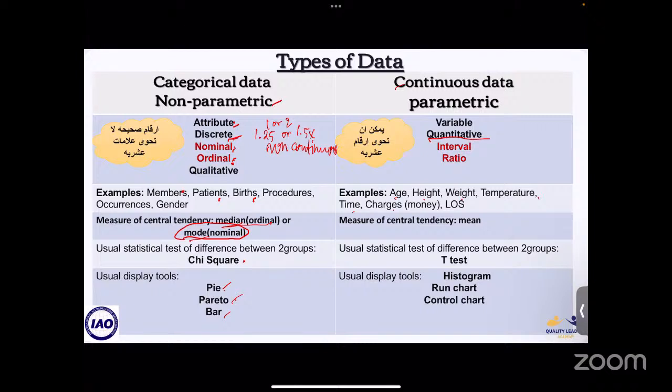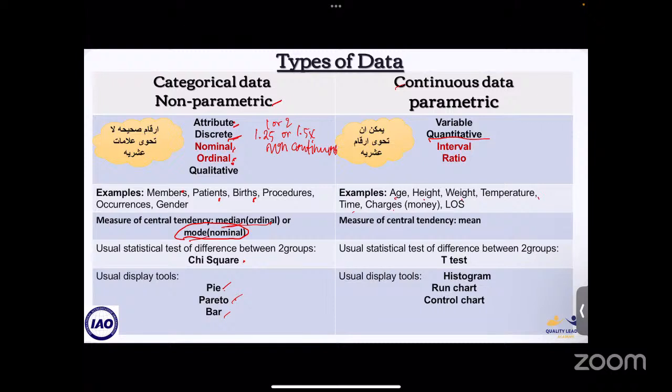length of stay. For the subcategory of continuous data, we have the interval data. These are numerical values where the difference between two points is meaningful, but there's no true zero point.